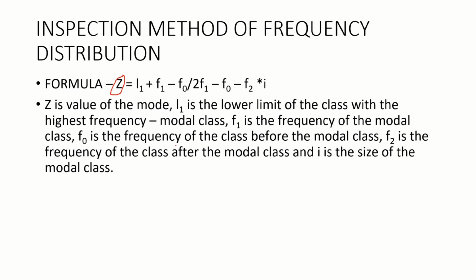F1 is the frequency of the modal class. F0 is the frequency of the class before the modal class. F2 is the frequency of the class after the modal class, and I is the size of the modal class interval.